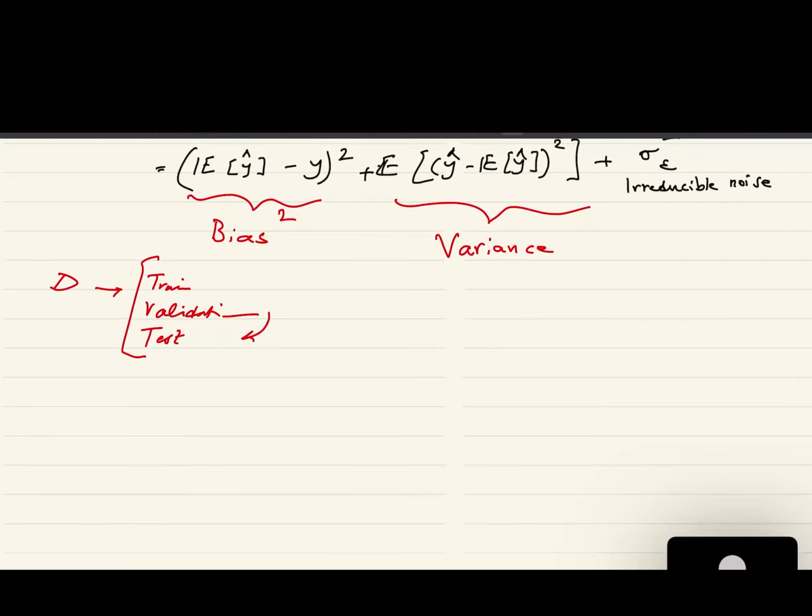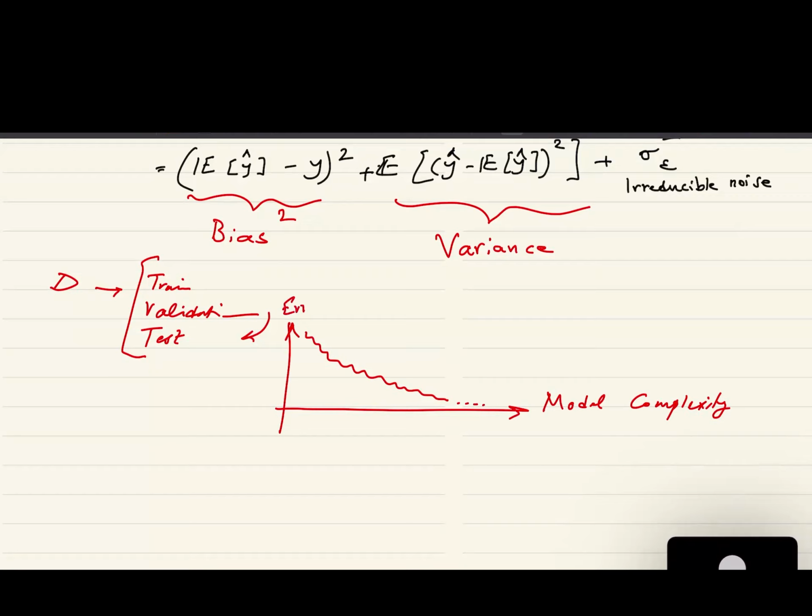Like I said, if we have the model complexity on the x-axis and we increase the complexity of the model, oftentimes in training we have a much better fit with more complex models.